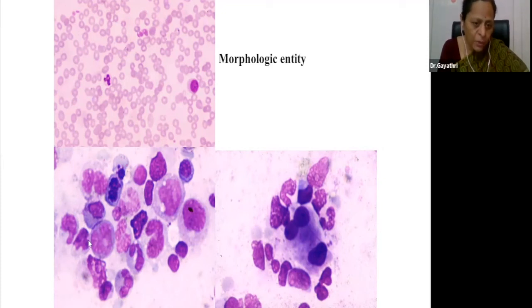The nucleus is lobulated, but there is no accompanying cytoplasmic maturation. Again, the same, no cytoplasmic maturation in the form of cytoplasmic granules. The nucleus has got lobulated. It is maturing, but the cytoplasm is not. Same here. Nucleus is lobulated, not the classical three lobules, irregular, and cytoplasm lacks granules.